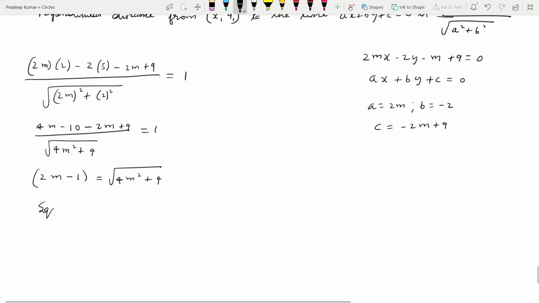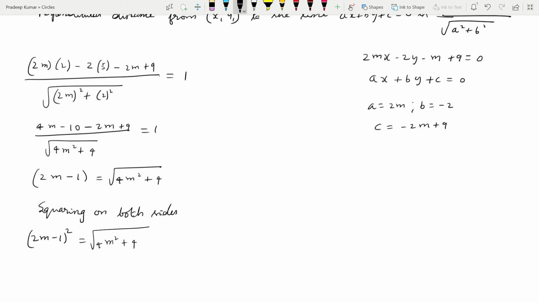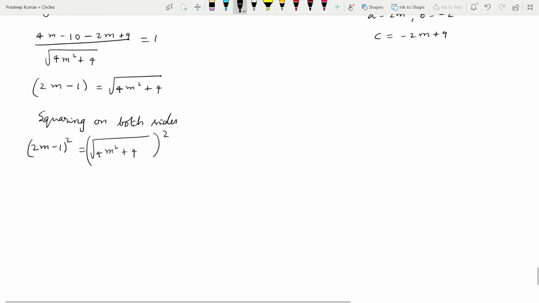Squaring on both sides, we get (2m minus 1) whole square equal to the square root of (4m square plus 4) whole square. Once squared, the square and the root cancel, and we write the remaining.